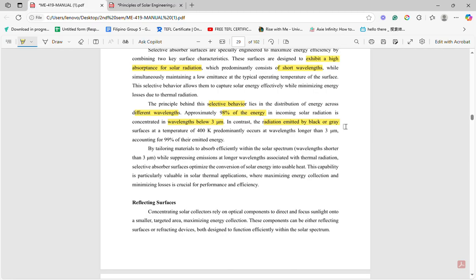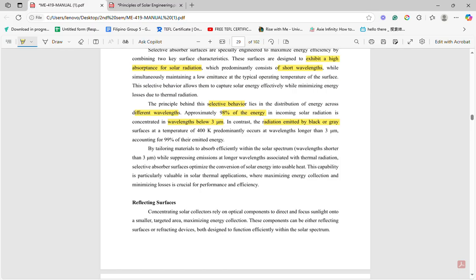So on our selective surfaces, we need high absorptance in the visible spectrum, because that is where the most solar energy is, and lower emittance in the infrared spectrum for us to reduce heat loss. Again, that is the function of selective surfaces.